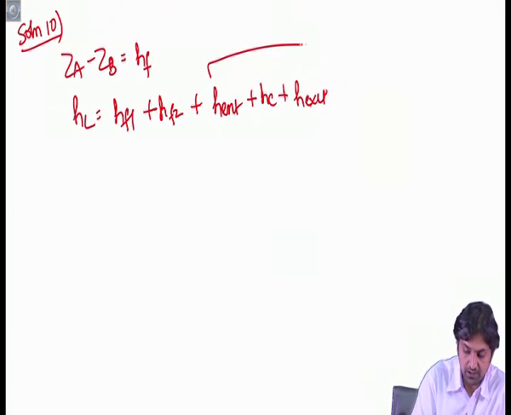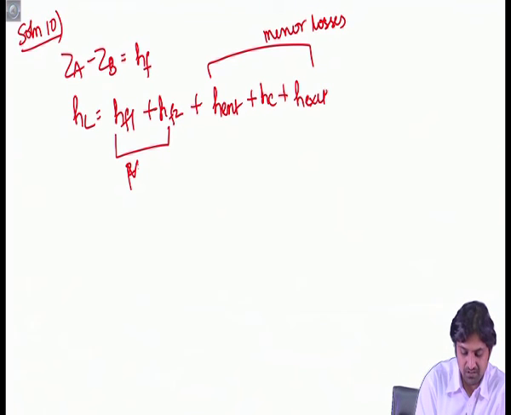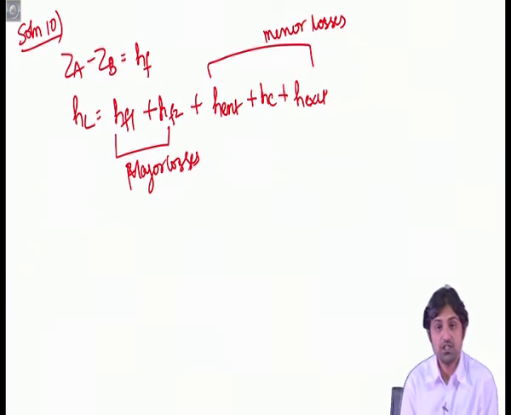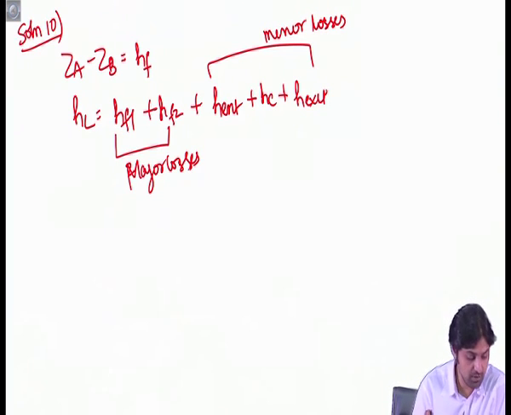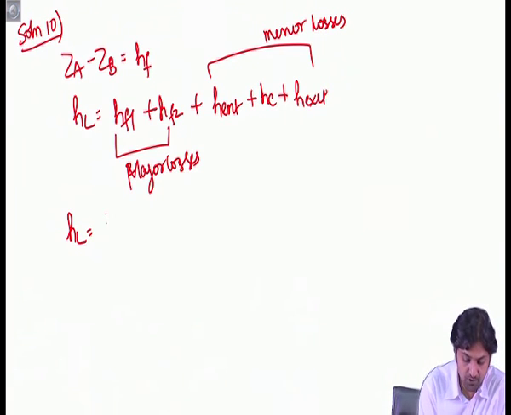The three minor losses and the two major losses. HF1 means major loss in pipe 1, and HF2 major loss in pipe 2. Okay. So, we can simply write the formula first.